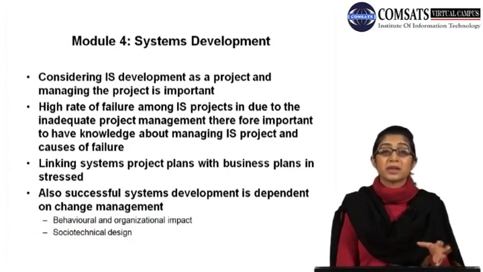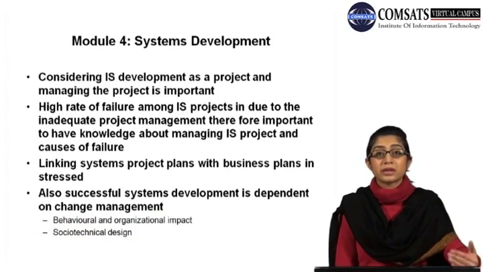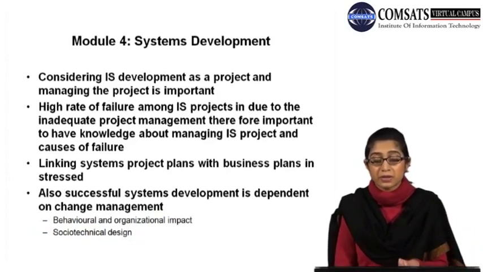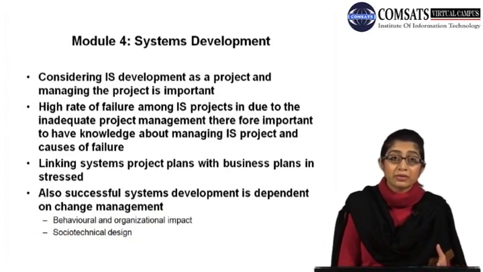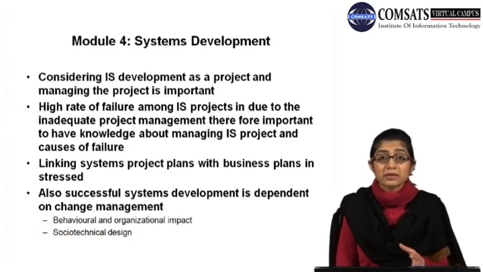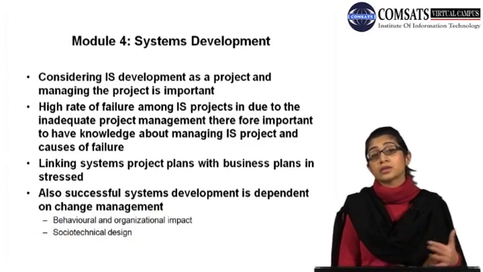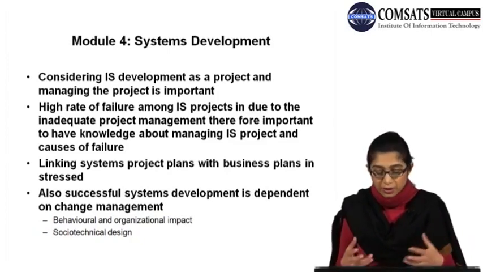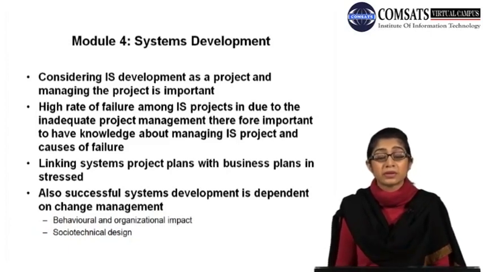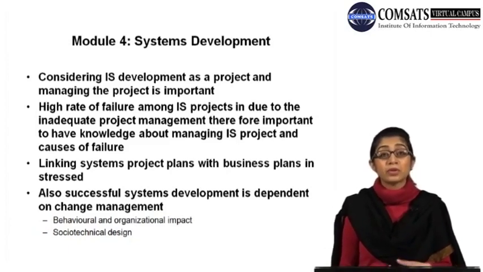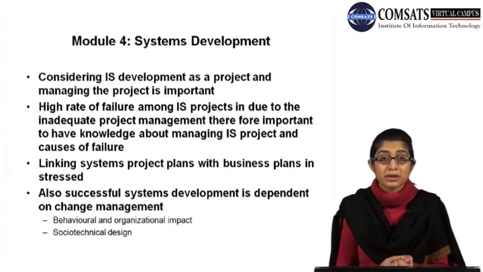अगर सही project management नहीं हुई, that would result in a high rate of failure for the information system project. Therefore, it's very important to have the knowledge about managing information projects as well as the causes of failure. So there were different consequences जब project management सही नहीं होती of these kind of systems projects, तो उसके different consequences भी हो सकते हैं.